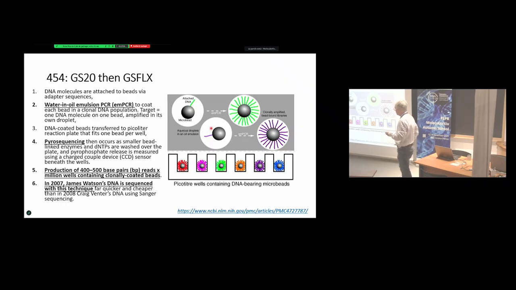And it was the first trend that became so obvious that sequencing even of a complex genome like the human genome will turn into something very simple and that can be achieved in a short period of time.